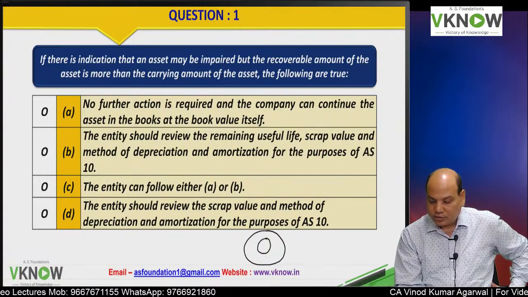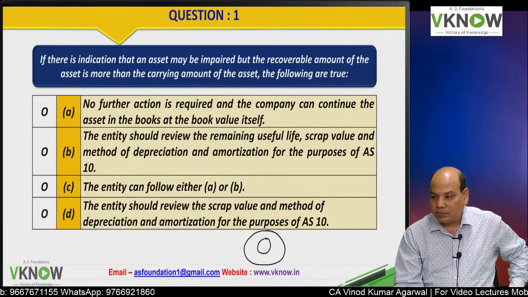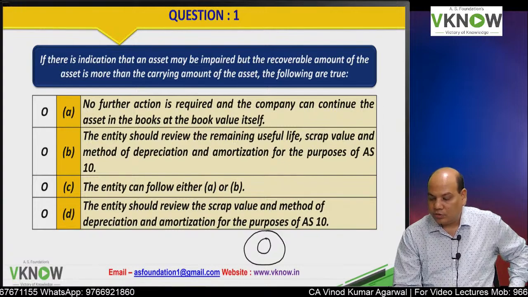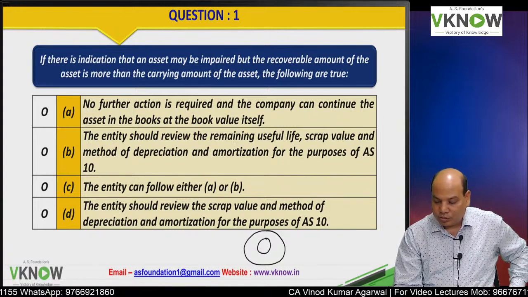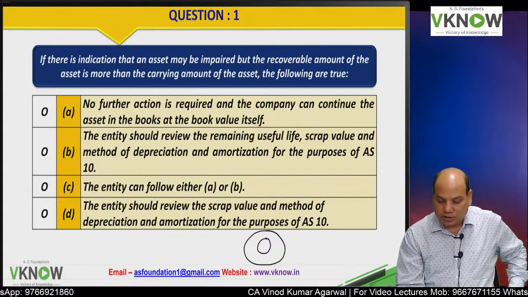Option A: no further action is required and the company can continue the asset in the books at the book value itself. Option B: the entity should review the remaining useful life, scrap value and method of depreciation and amortization for the purpose of AS 10.